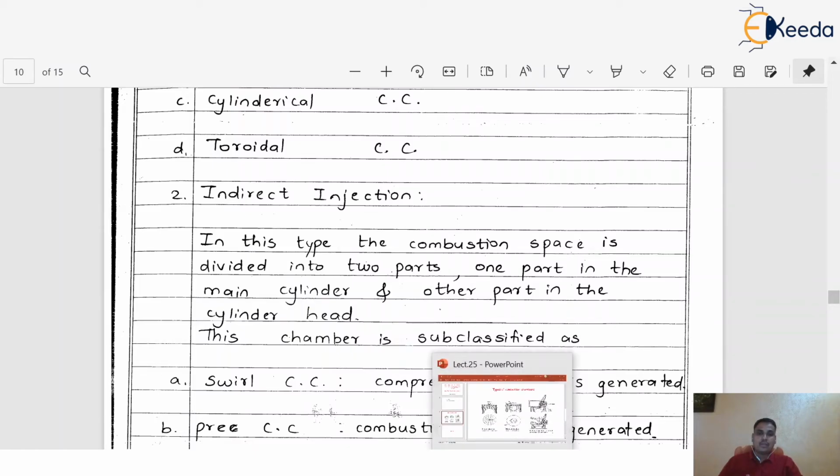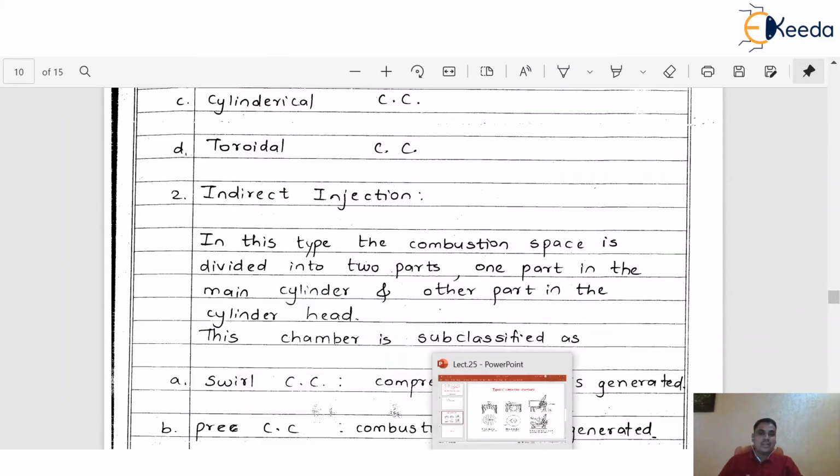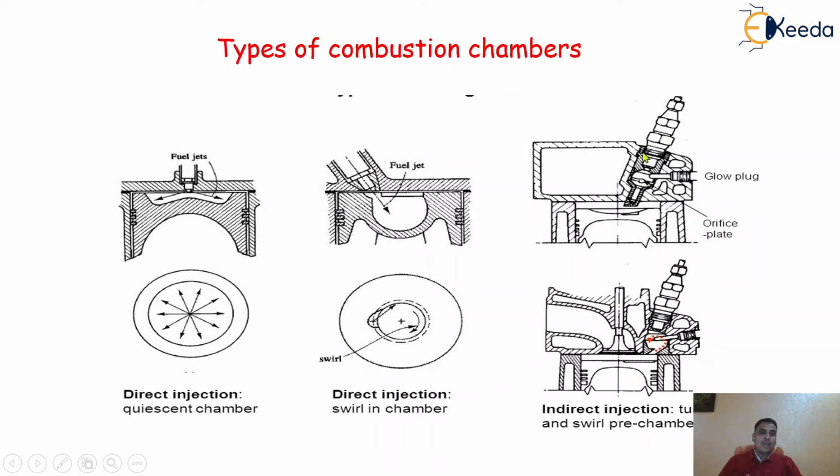So in the case of indirect injection, the combustion space is divided into two parts. Suppose this is the diagram of an indirect injection system, and if you observe here, the fuel is injected in this area. Here is the fuel which is injected.